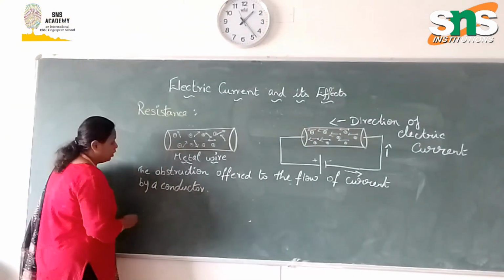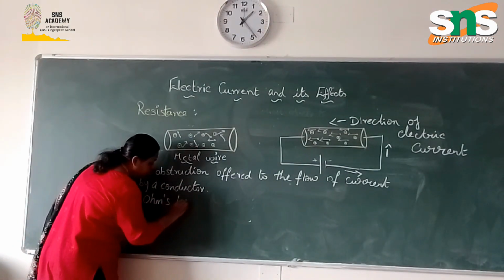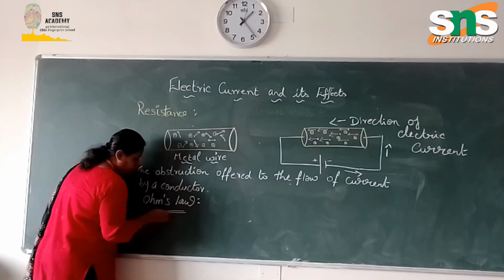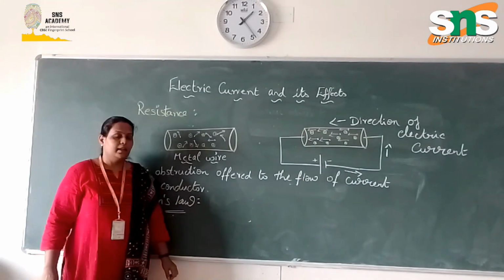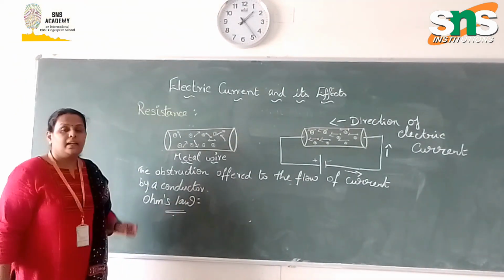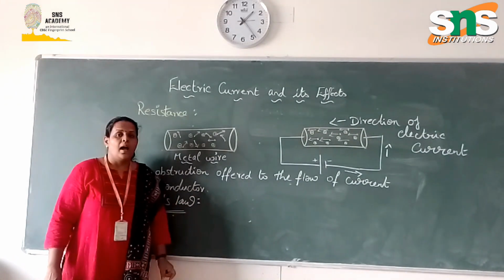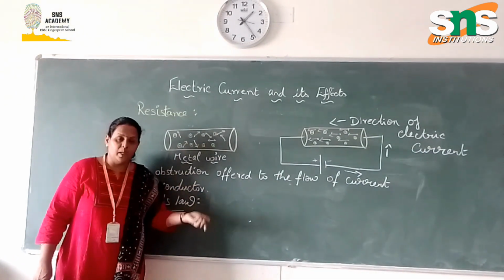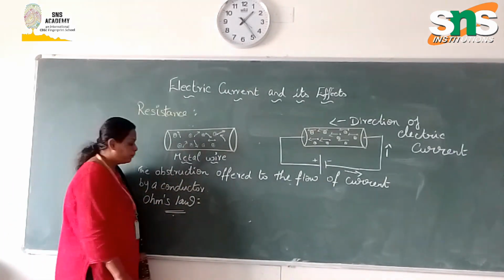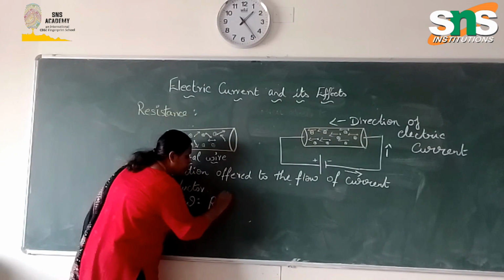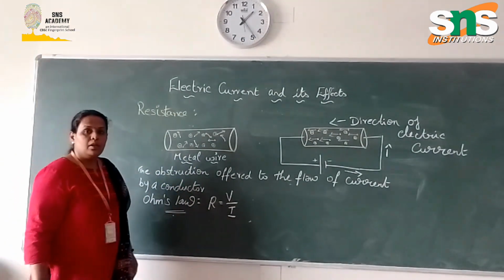Coming to Ohm's law. Consider that a current I is flowing in the metallic wire and a potential difference V is generated. Then the resistance offered by the wire, R, is equal to V by I. Okay?